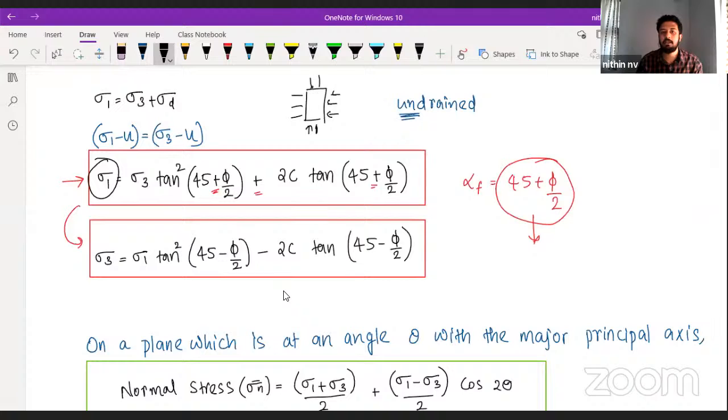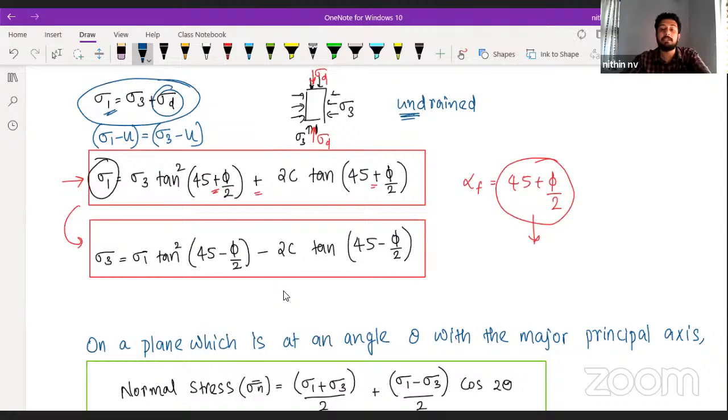After giving this confining stress sigma 3, we give some deviator stress sigma d. Sigma 3 plus sigma d is nothing but our sigma 1. So they can ask you the major principal stress by giving sigma 3 and so on, or the minor principal stress sigma 3 by giving the other values, or the deviator stress sigma d.